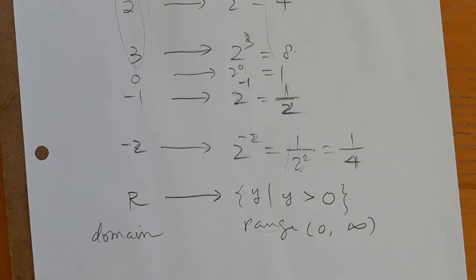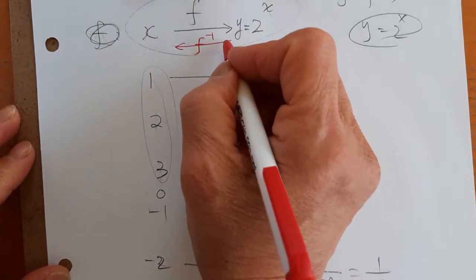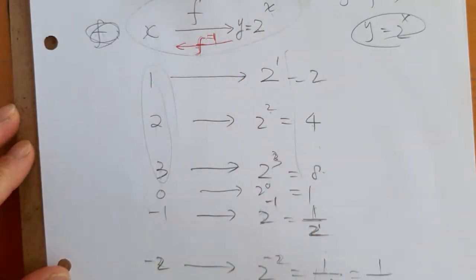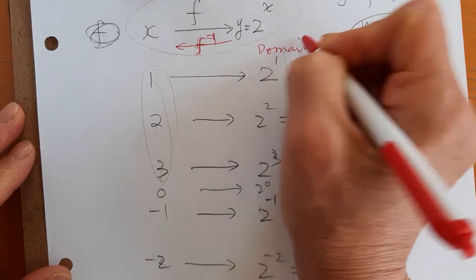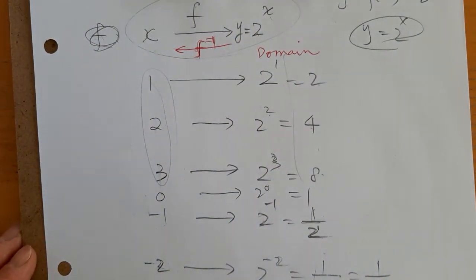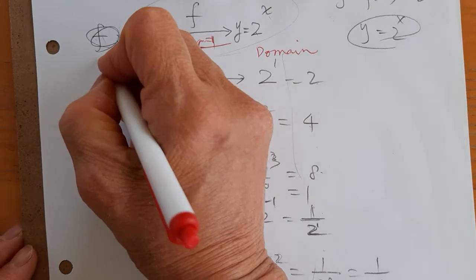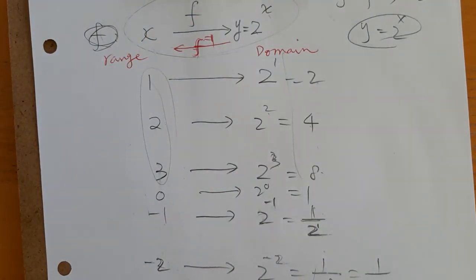So now the inverse function. For the inverse function f inverse, this side becomes the domain. So the domain for the inverse function is the positive numbers, and this side becomes the range. The range is all the real numbers.